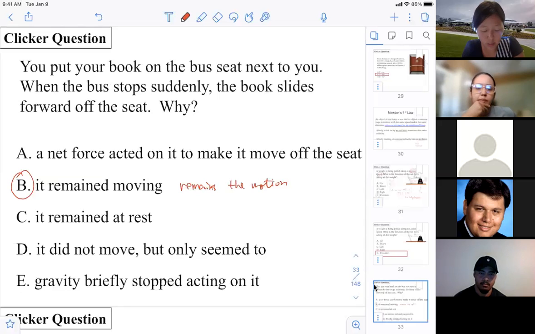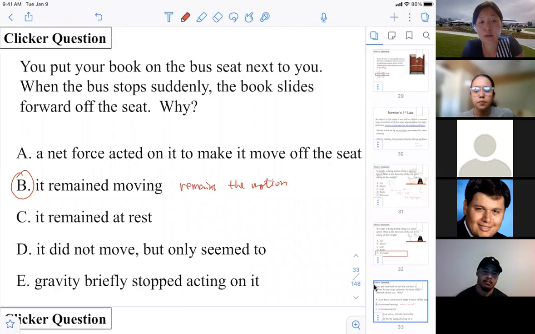Here, you don't really care about constant velocity or non-constant velocity. It is whichever status of motion that you were in. Let's say the bus was driving 50 miles per hour, 30 miles per hour, and that was a constant velocity. The book is traveling with that same constant velocity. So the bus and the book will continue that velocity forever until there is an unbalanced force. In this case, the bus driver hit the brake.